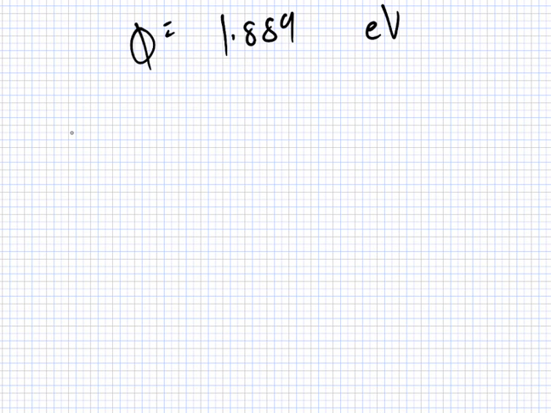This is different to the question, what is the minimum possible kinetic energy and what is the maximum possible kinetic energy? They are different questions to what is the maximum kinetic energy when the wavelength is 400 nanometers. That is the same as asking what is the kinetic energy when the wavelength is 400 nanometers.